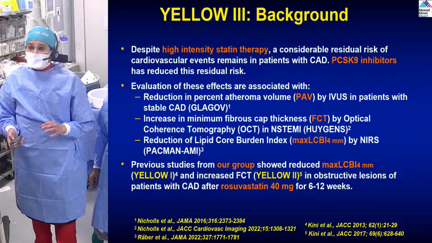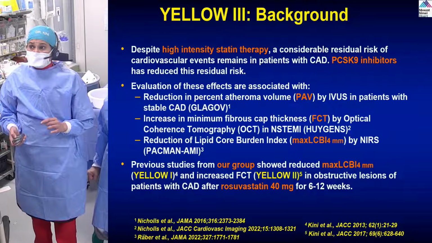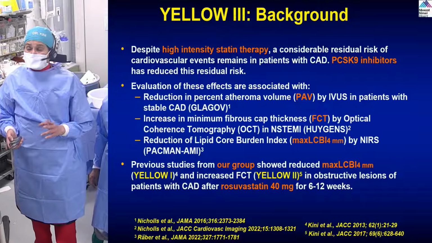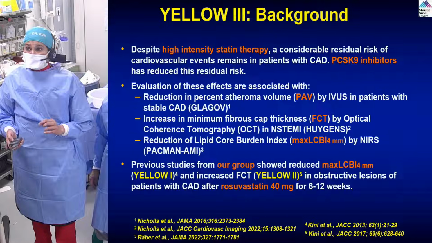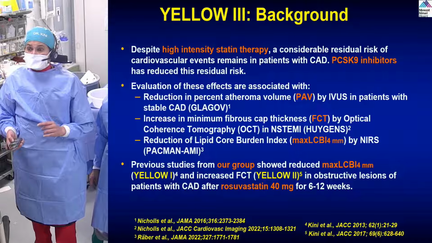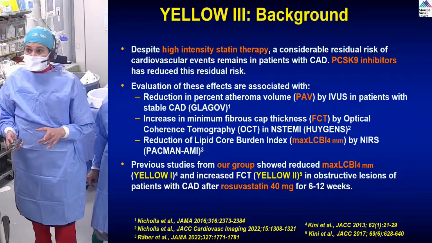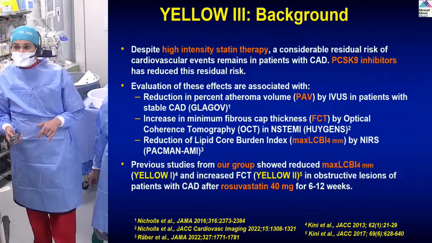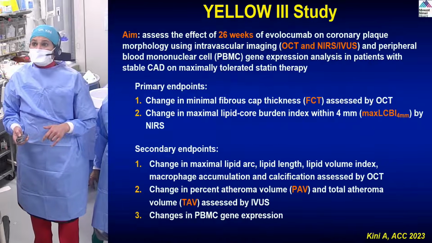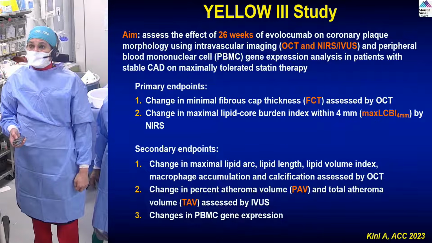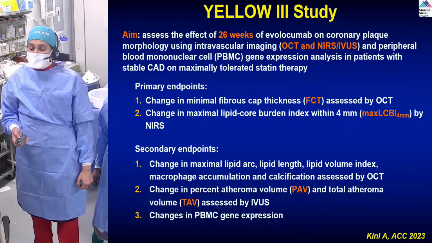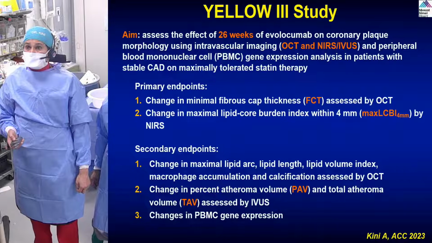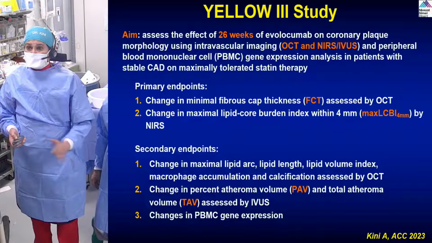In STEMI and non-STEMI, they used optical coherence tomography, and in both HUYGENS and PACMAN-AMI, they showed that FCT, which is fibrous cap thickness, improved in non-STEMI patients, and LCBI decreased in PACMAN-AMI. So ours was 26 weeks of evolocumab in patients who had stable CAD, and then we did OCT and NIRS. That was our goal, having done YELLOW 1 and YELLOW 2.